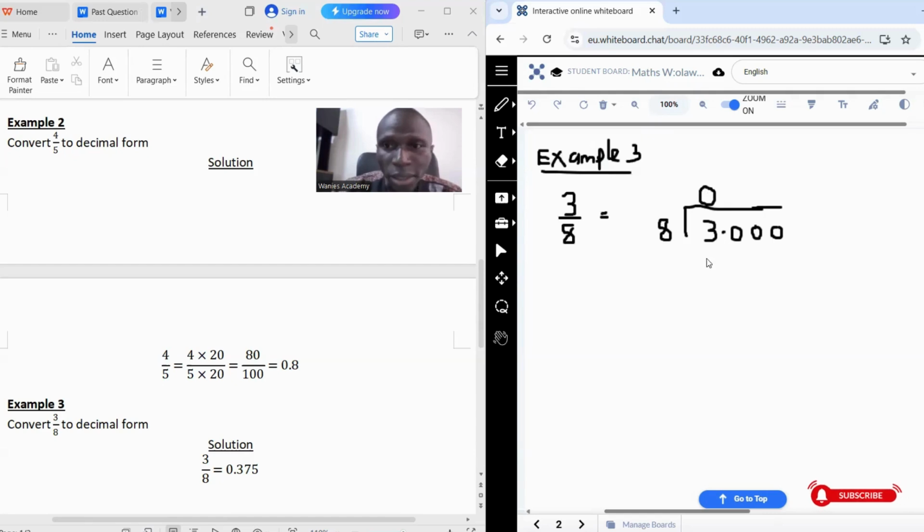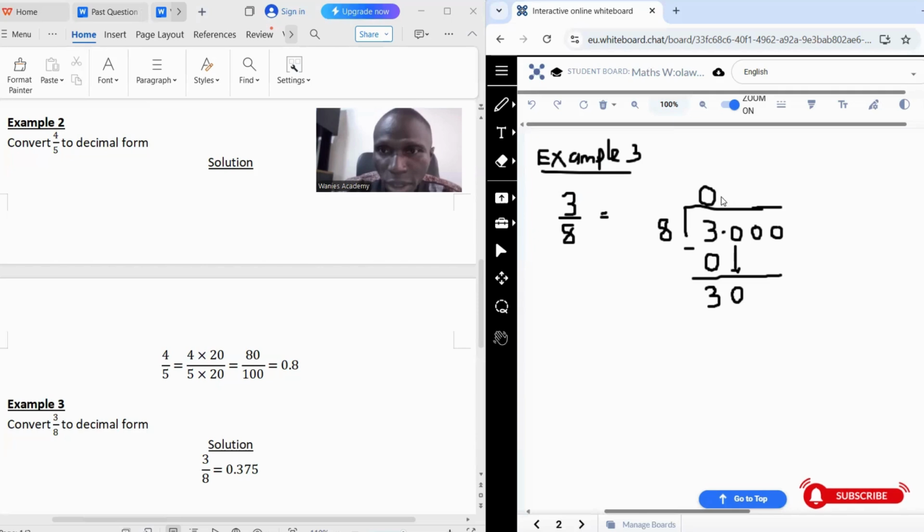0 times 8 gives us 0. So subtract this. 3 minus 0 gives us 3. We're going to drop the first 0 down, so we have 30.